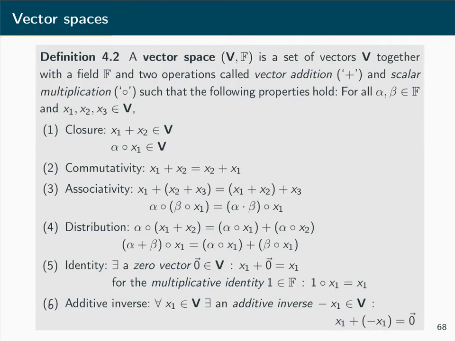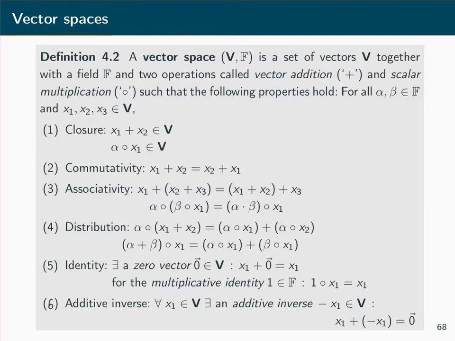Definition 4.2 is now the abstract definition of a vector space, and it says that a vector space that we denote like this is a set of vectors that we denote with a bold letter together with a field F and two operations that we call vector addition, and we write it with a plus sign.